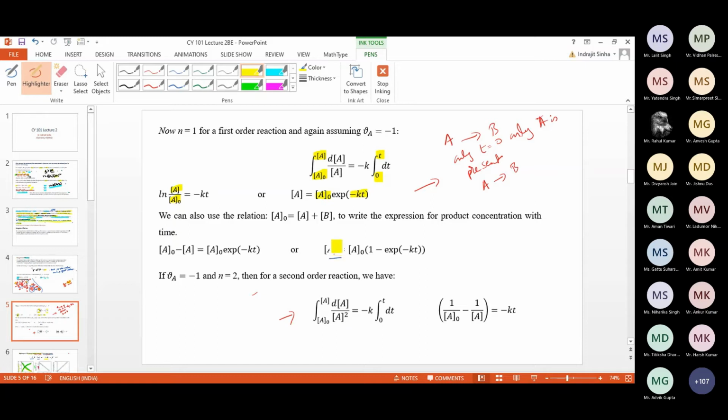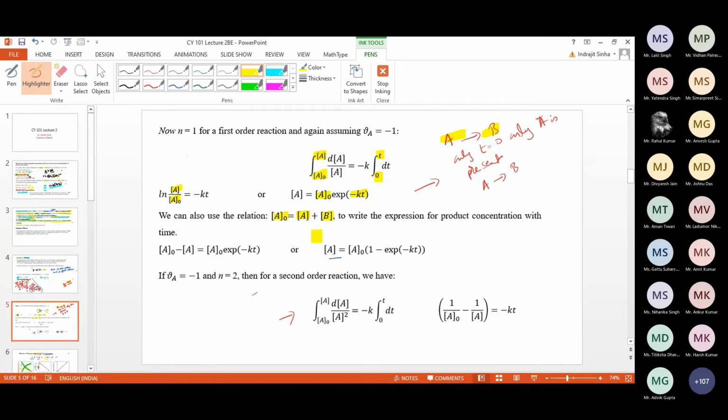Now, if you want to write it in terms of B, that is the product form, that is also possible, of course. That is, if you are talking about this reaction, A goes to B, right? So if you want to write it in this format, then A0 is the initial amount, and whatever A0 is will be converted into that at time T, which will be A plus B. B is the product, A is the remaining reactant.